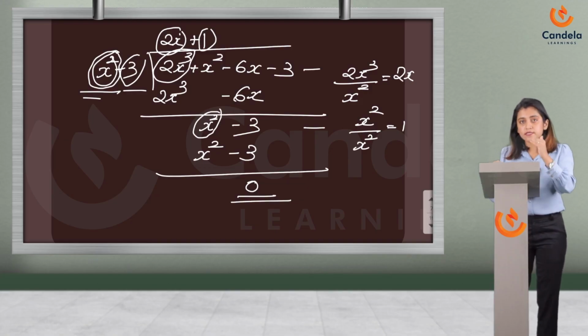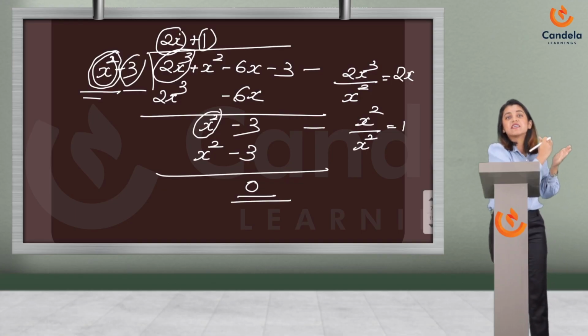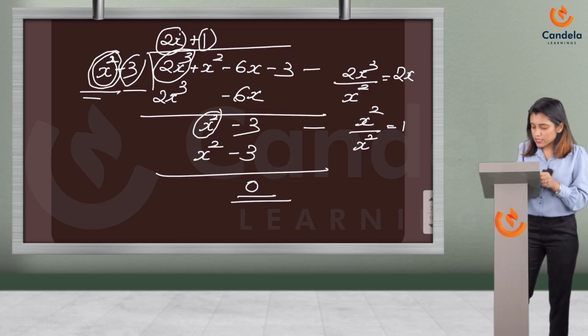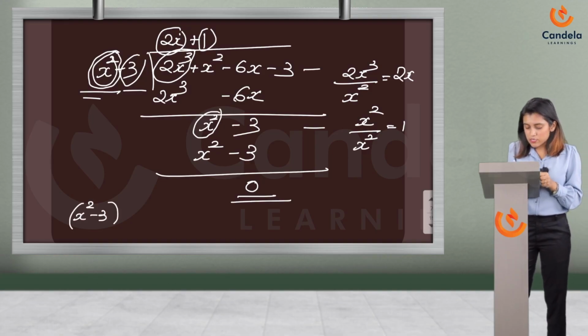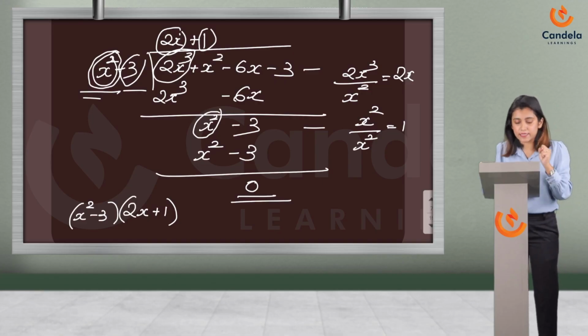To check whether our steps are correct, we will be multiplying divisor into quotient plus remainder. We should get the result as dividend. We will be checking it now. So, the divisor, which is x square minus 3, then the quotient, which is 2x plus 1, plus remainder, which is 0. So, we do not have to write it. We should get dividend, which is 2x cube plus x square minus 6x minus 3.